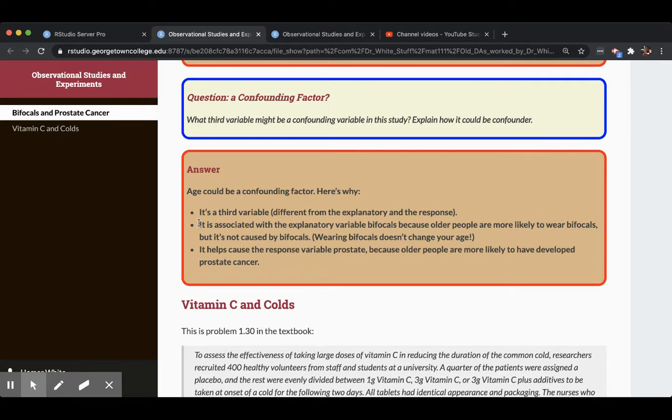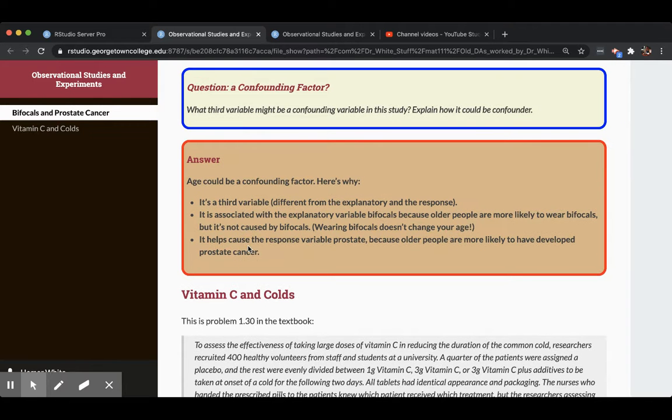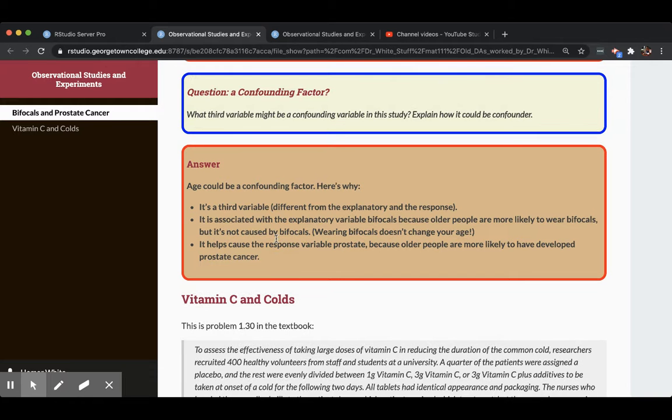So I've addressed those conditions. I have explained how age can be a confounding factor in the study. That's probably what's going on in this study. It's not the bifocals that make people get cancer. It's just that older people get cancer and older people are wearing bifocals more.